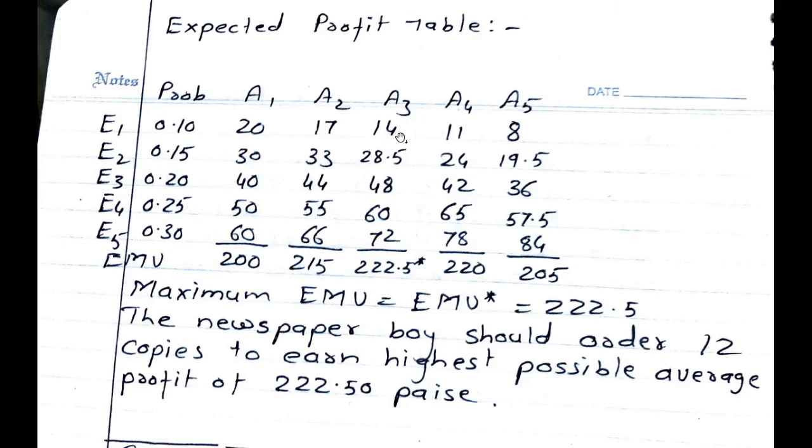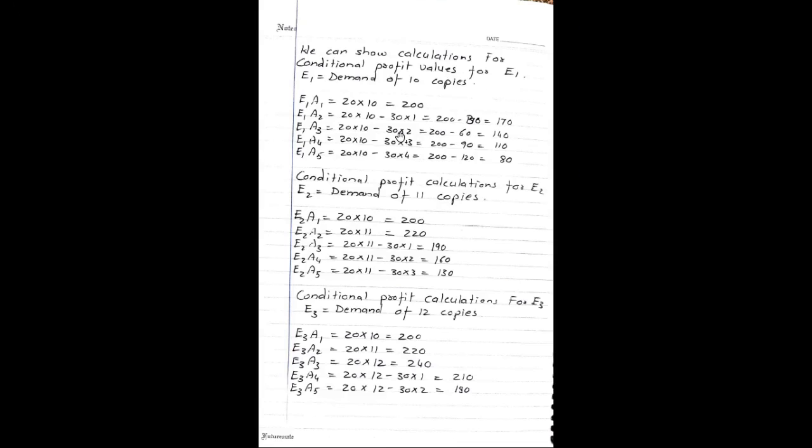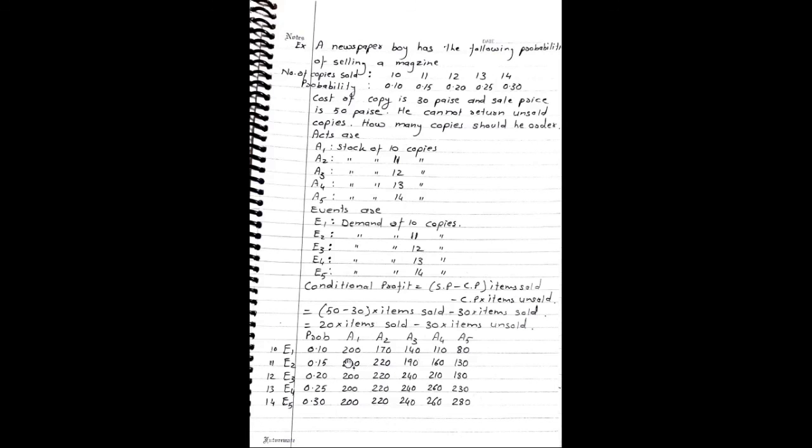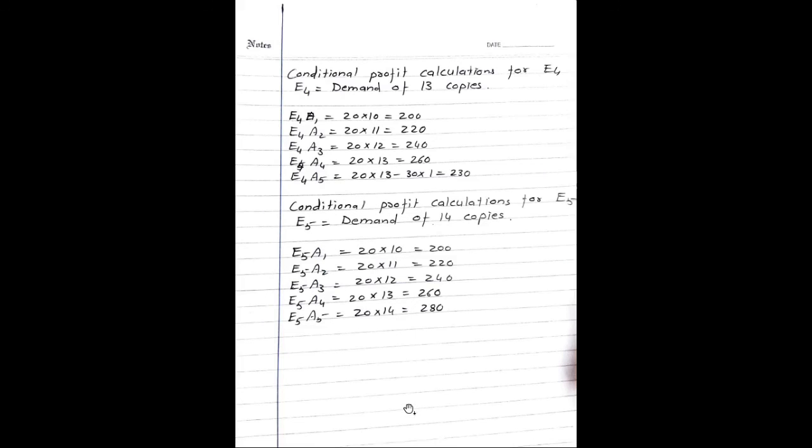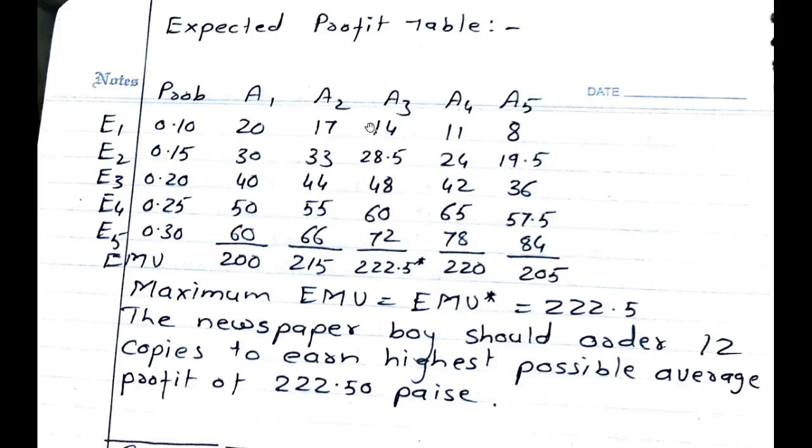For A3, the calculations are 0.1 into 140, 0.15 into 190, 0.20 into 240, 0.25 into 240 and 0.30 into 240. The values are 14, 28.5, 48, 60 and 72 and the total is 222.5.